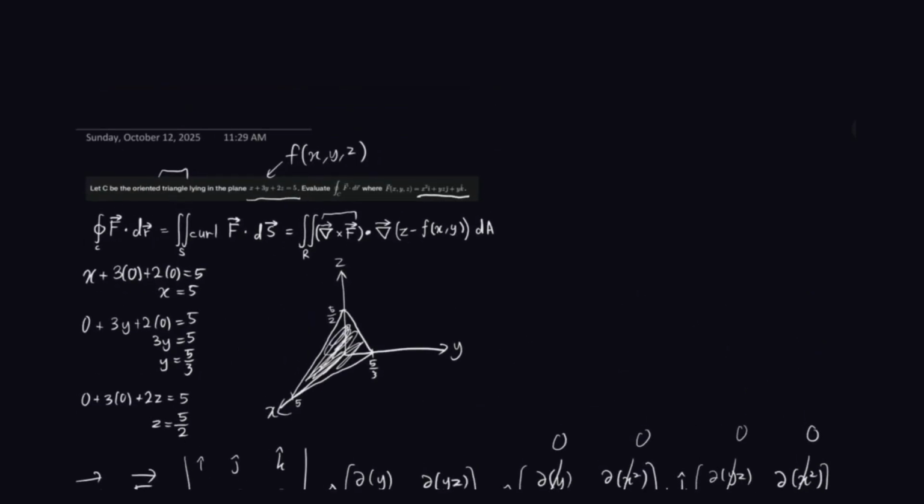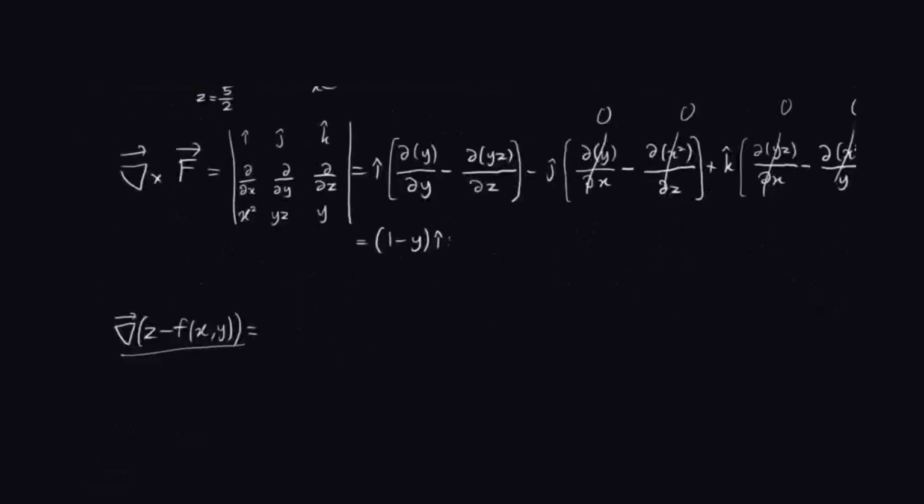You need to express z only. So your f(x, y) is minus x over 2 minus 3y over 2 plus 5 over 2. So you need to plug it back into this one.